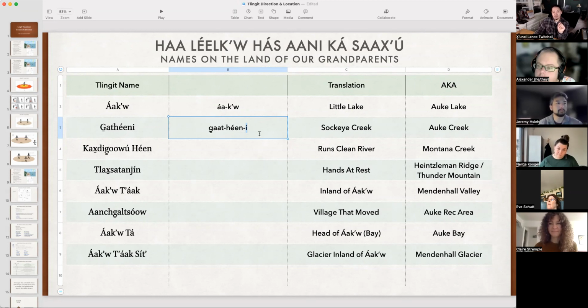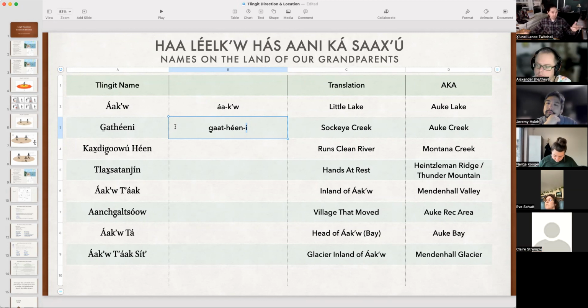But in place names, it shows a relationship. Just like in English we wouldn't say Sakai's river, we'd say Sakai River. So Tlingit does a similar thing, where you could say Hini, which would mean that Sakai owns that river.